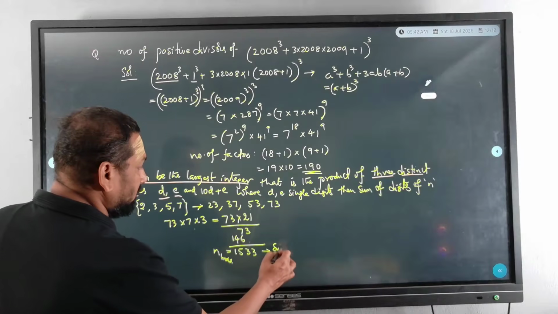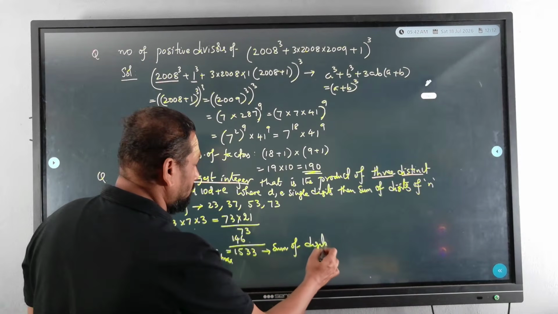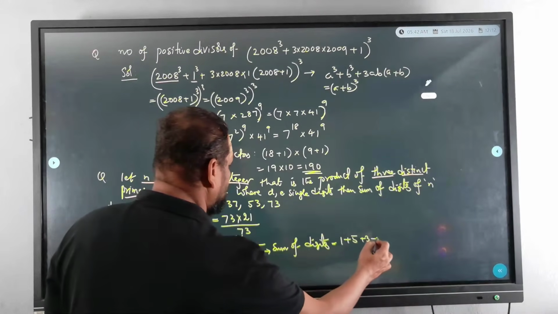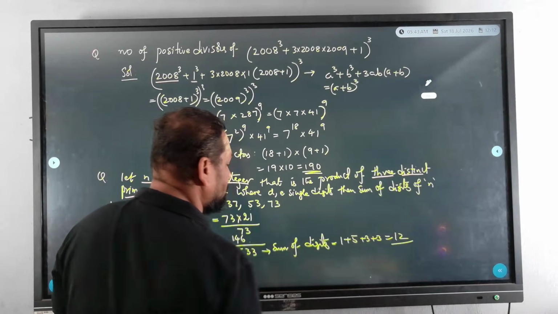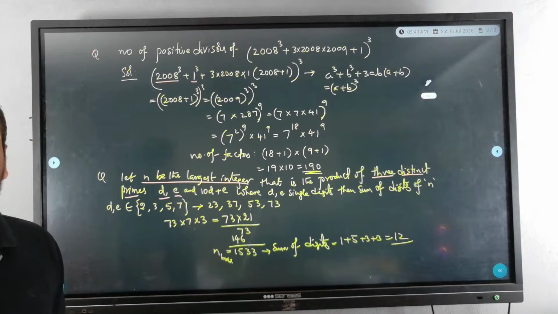So sum of digits: 1 plus 5 plus 3 plus 3, which is 12. Simple question only. Solve it.